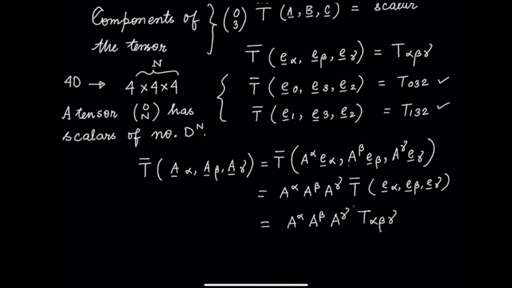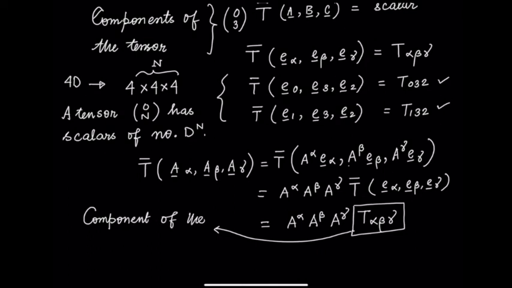So this is what we will call the component of the tensor. This is essentially what we discussed here. There will be d to the power n of them.